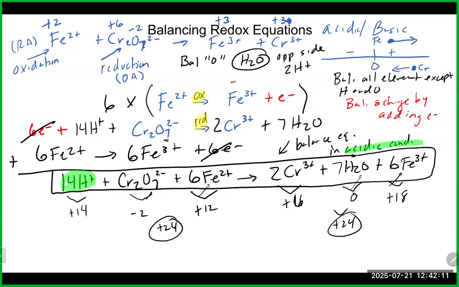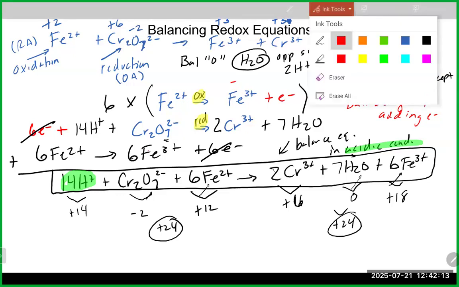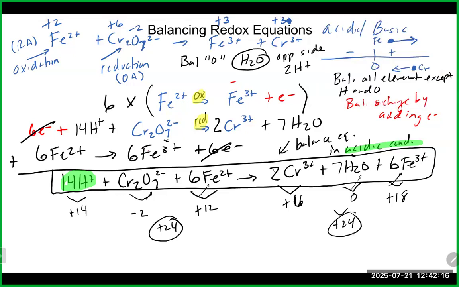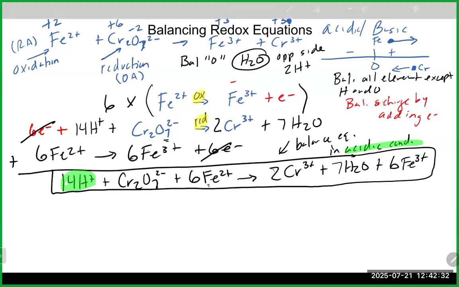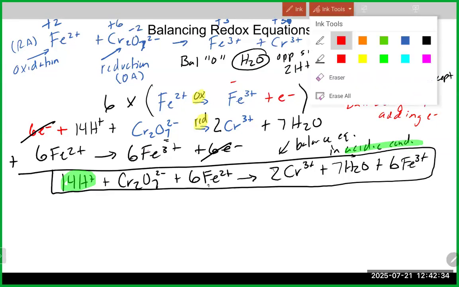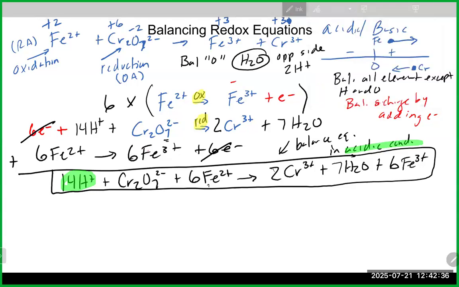There are a couple ways you could do it, but probably the easiest way to do it is what we just did, which is go ahead and balance the equation in acidic conditions. And at the end, you could turn it into basic conditions with relatively little work. You could also do it a different way, but it's a lot more canceling out and conversion. So this would probably be the best move.